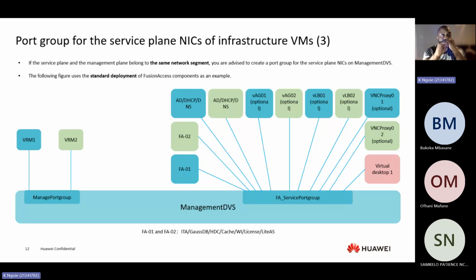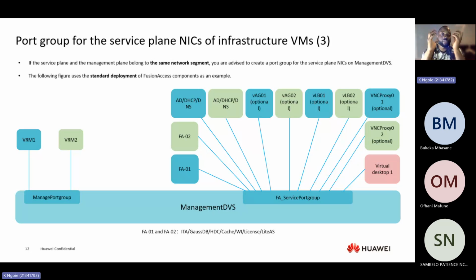for the virtual machine. Okay, so in this scenario, the service plan and the management plan are on the same network segment. This means that the same IP network is used for both management communication, for example, for your system control, configuration and monitoring, and service communications for like user desktop access or HTTP sessions.